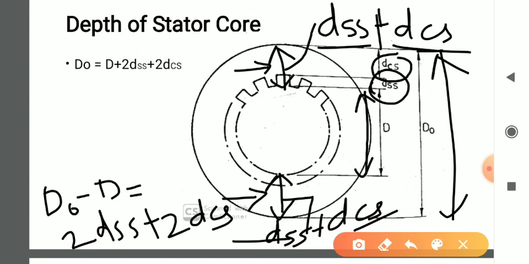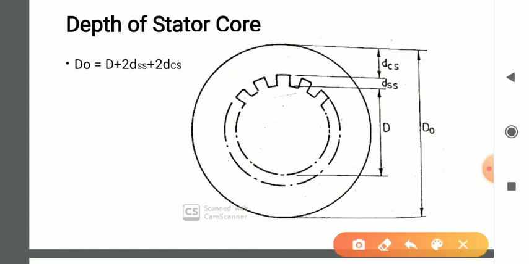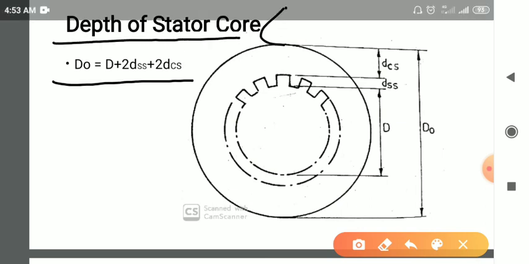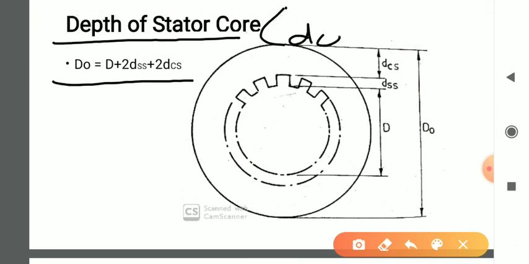So we get the equation DO minus D equals 2 DSS plus 2 DCS. We can write it as DO equals D, that is the inner diameter, plus 2 DSS plus 2 DCS, and from this equation we normally calculate the depth of the stator core, DCS.